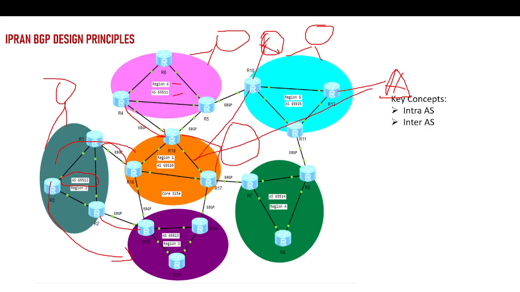It can go directly, because we have the nodes responsible for data and calls in this region. Then we don't need to go to the core. But if we don't have those nodes responsible for signaling and data, then definitely we'll have to go to the core and come back to the access. Okay, I got your point.